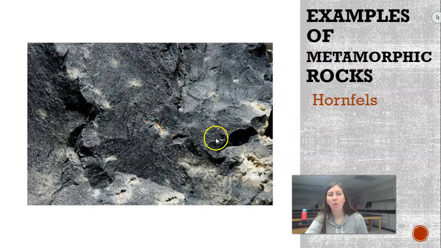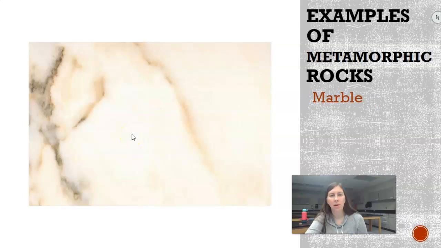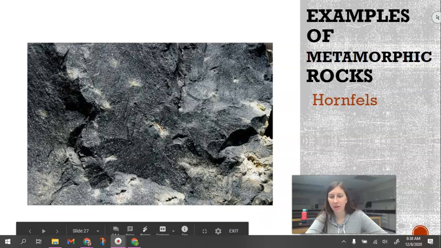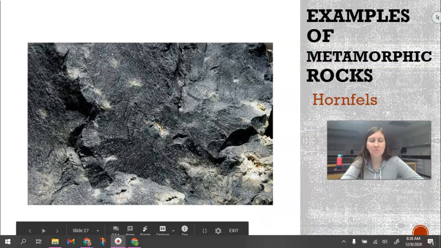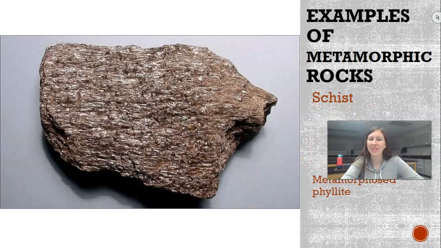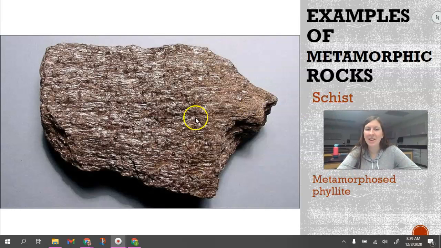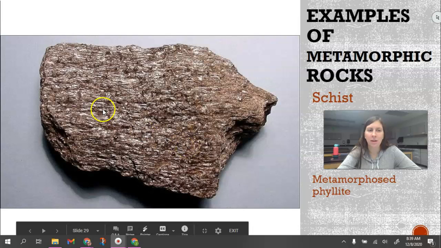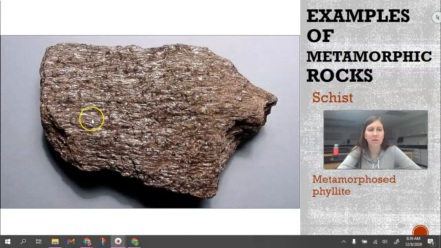So here we have hornfels. We're going to talk about schist real quick. Schist is metamorphosed phyllite, and you can see almost where it looks like it's been smushed.